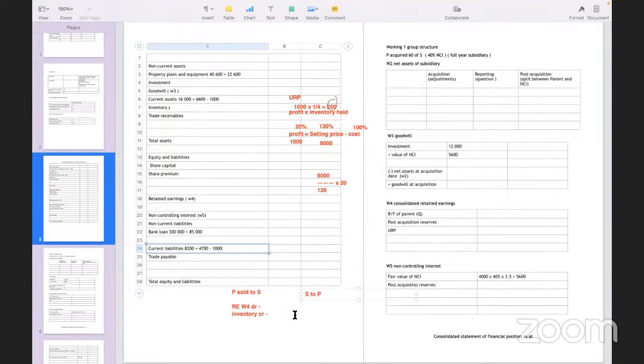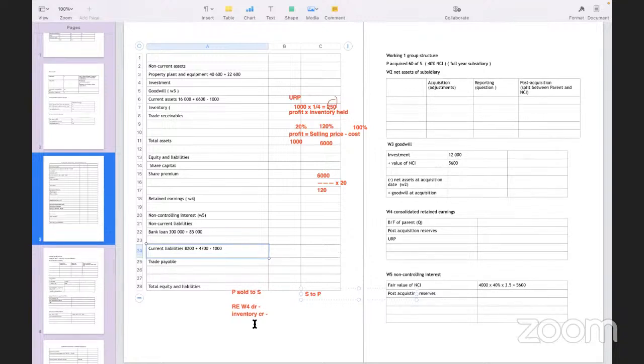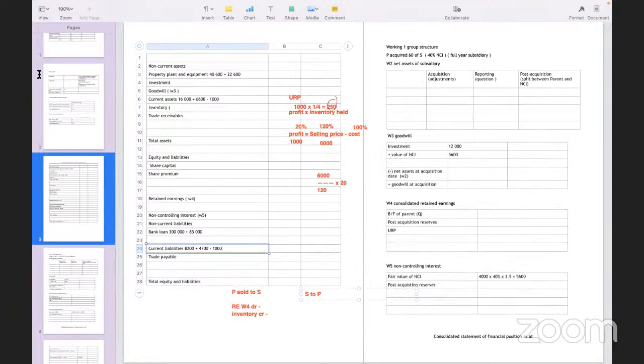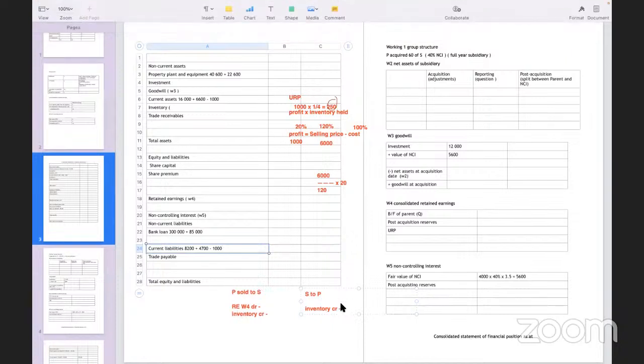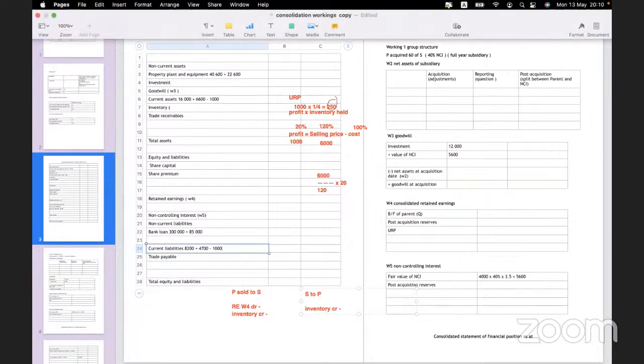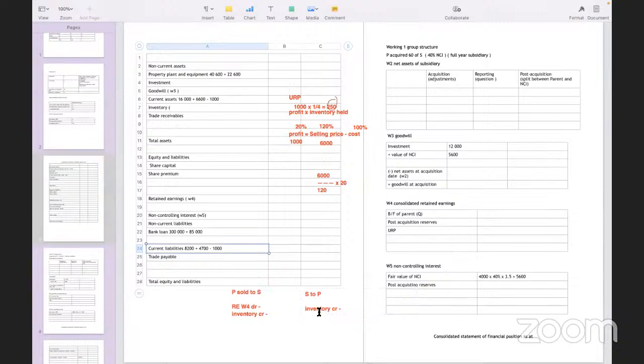If the subsidiary is selling to the parent, still remember, in terms of the double entry, inventory will still be credit, because our objective is to remove the profit from the inventory. So like earlier, the inventory will still become credit, because we want to remove the profit from the stock that they have sold. So what I will do, inventory is part of current assets.